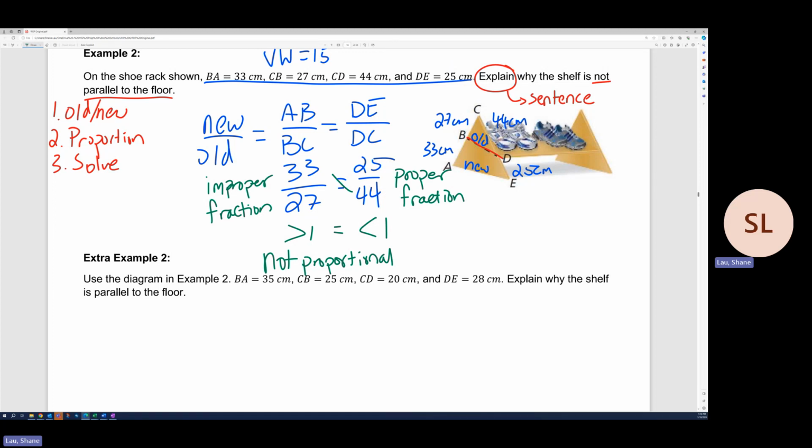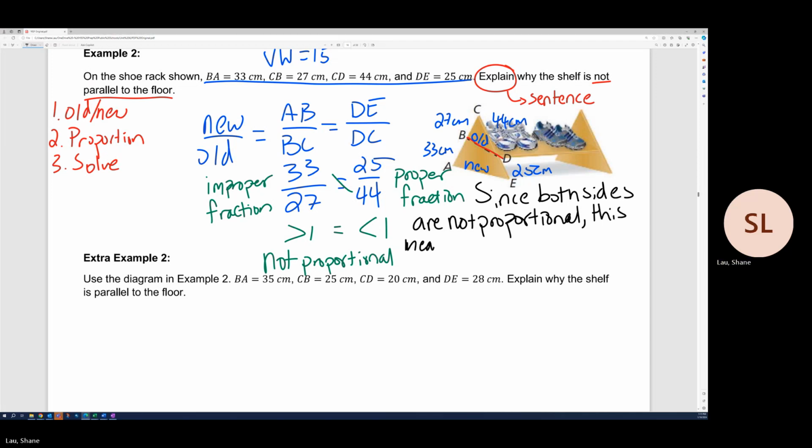But we have to put that into a sentence. Always, always, always into a sentence. So, since both sides are not proportional, this means the shelf and floor are not parallel.